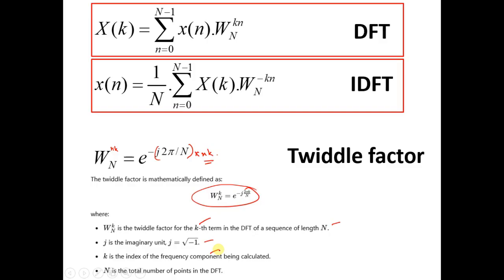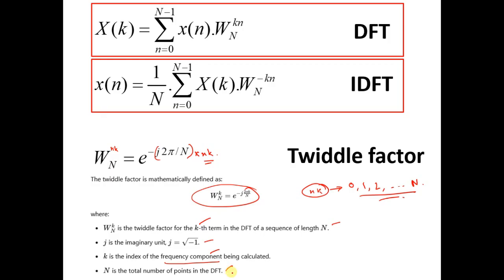So this n and k are two independent terms which are associated with the frequency components that we want to calculate, and the multiplication of these gives us a real number, say for example 0, 1, 2 and up to N. Capital N, as I already told you, is the length of the signal, or you can say N is the total number of points in the DFT.